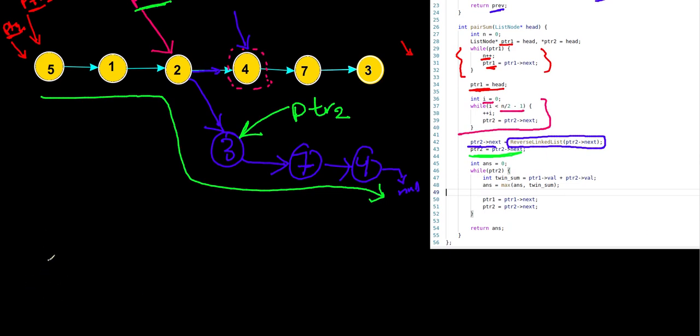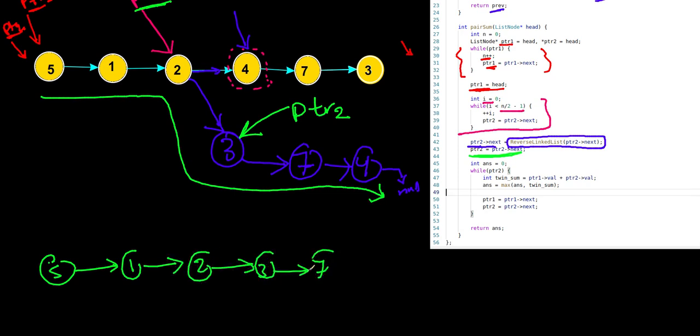Let's rewrite the linked list again. So we have 5, 1, 2, 3, 7, then we have 4. So pointer 2, we said we move it to the next of the current one, which is exactly the middle. So this is pointer 2, and pointer 1 is at the beginning.